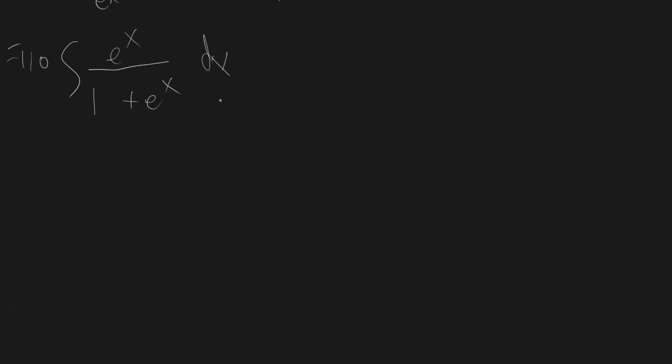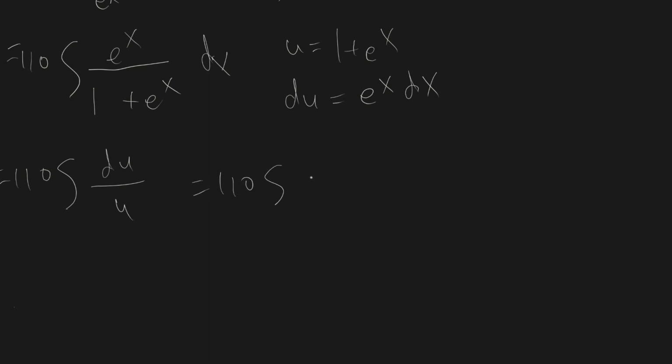We can simply do u substitution by letting u equal 1 plus e to the x. So du equals only e to the x dx. So our integral becomes du over u, which I like to write as 1 over u du.